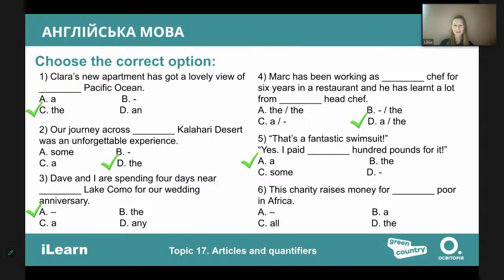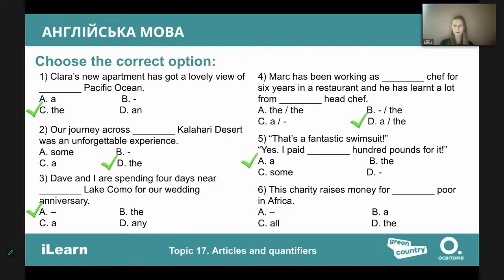Number 6, this charity raises money for the poor in Africa. Number 6. Think better.